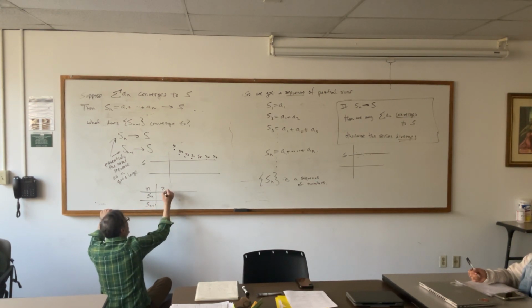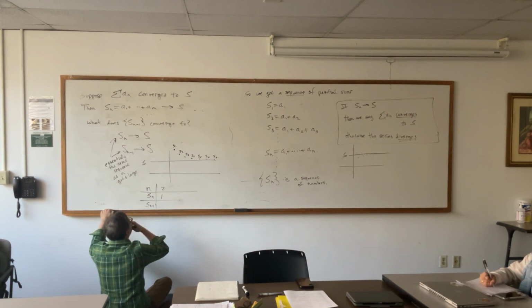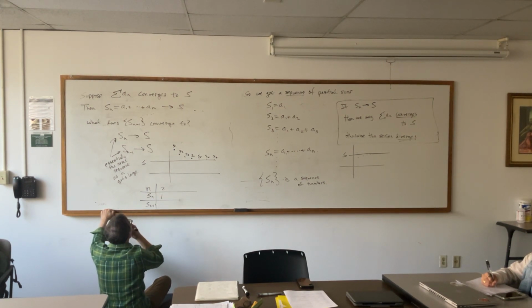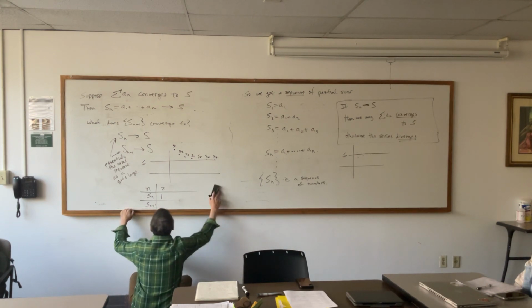So let's just say n is 2, and S sub 2 is 1. I'm sorry, this isn't exactly clear here. Let's make a different chart.